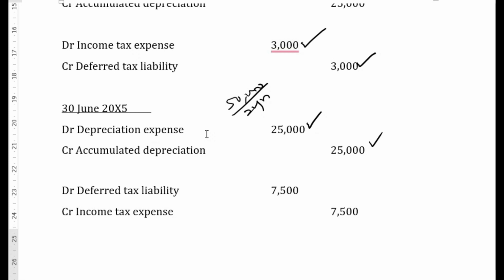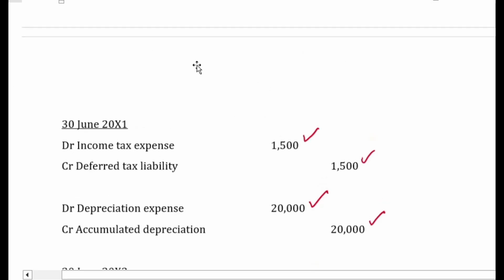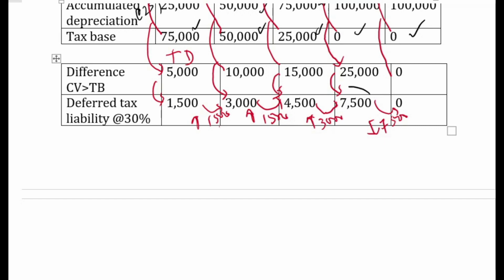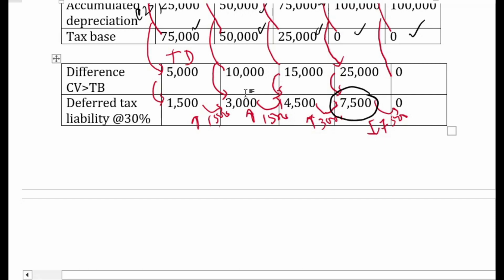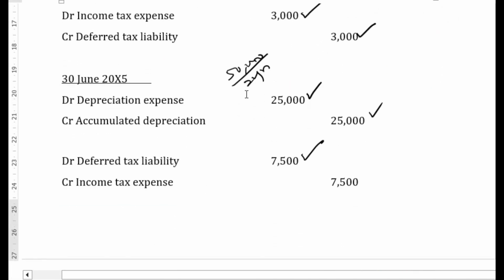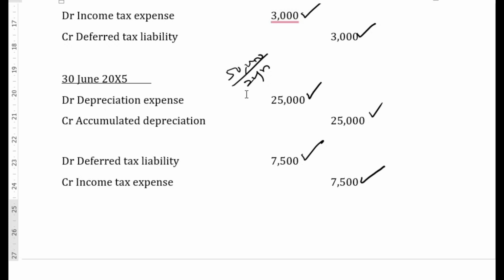Now that the asset has been fully depreciated in accounting records and tax records, therefore the deferred tax liability balance that was built up, which was 7,500, we debit. That's a built up credit balance. We debit deferred tax liability and we credit income tax expense.